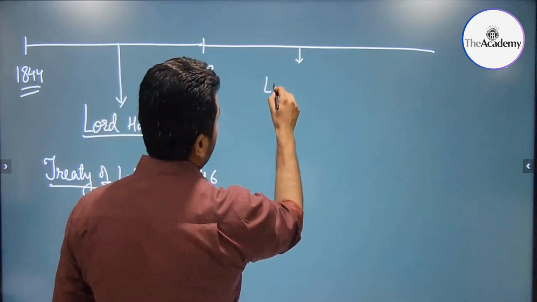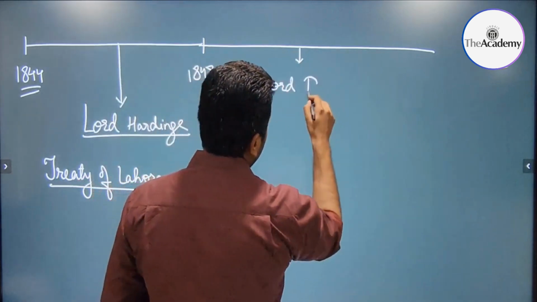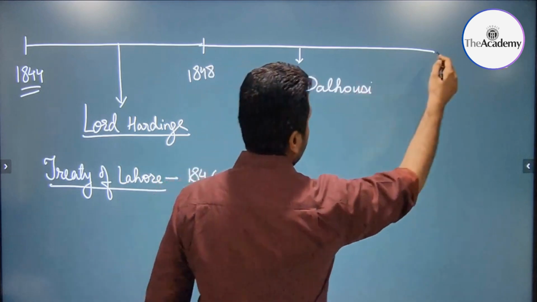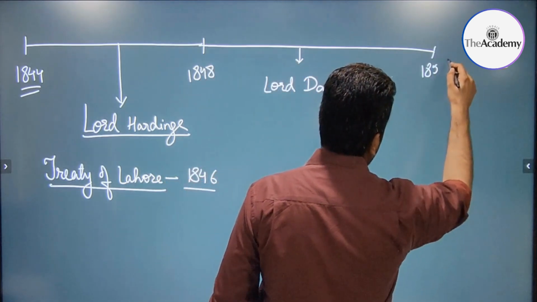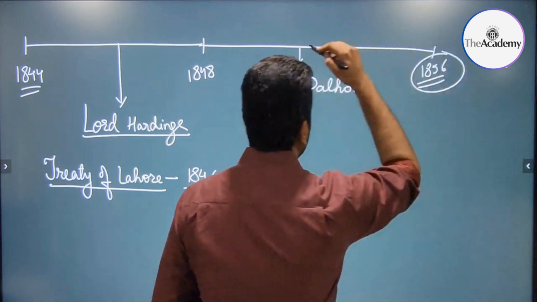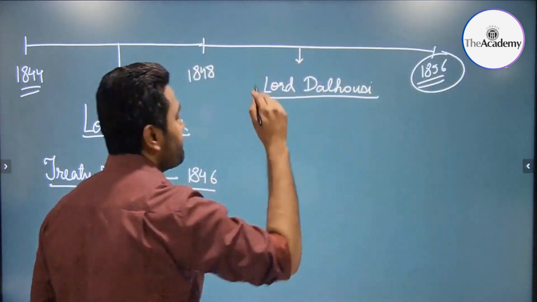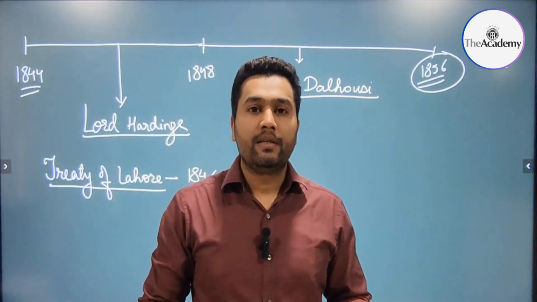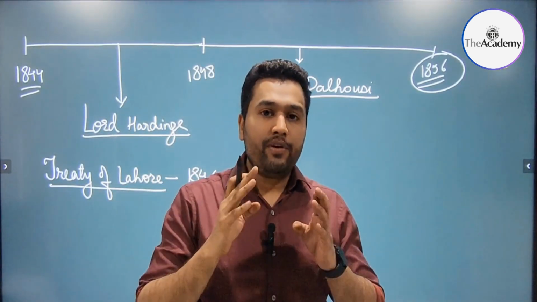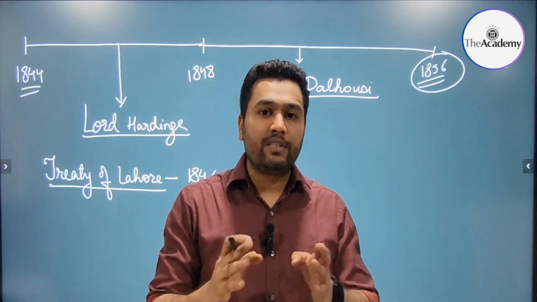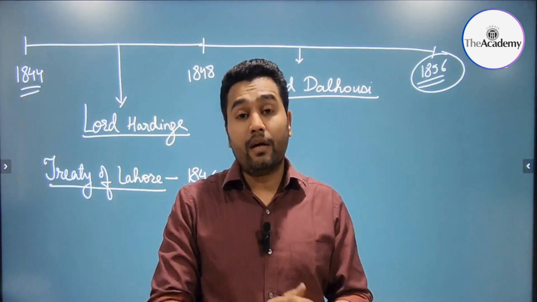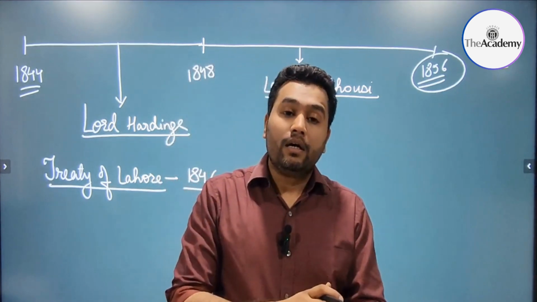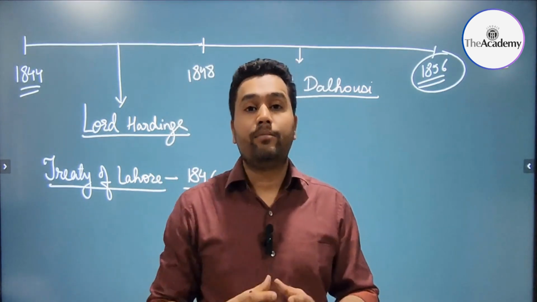Lord Hardinge was replaced by the famous Lord Dalhousie. From 1848 till 1856, Lord Dalhousie, when he became the Governor General, faced the greatest threat in the form of the Sikh rebellion. The governor of Multan, Mulraj, rebelled against the British.